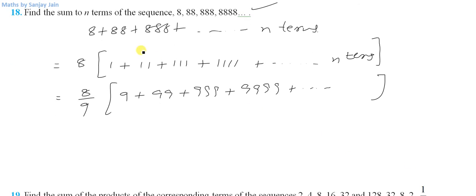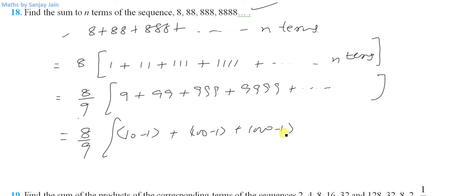For that, we take 8 common from each of the terms, and then we multiply and divide by 9. So the next step would be to write them in this format: 10 minus 1 plus 100 minus 1 plus 1000 minus 1 plus 10 raised to power 4 minus 1 and so on till I need to go up to the nth term, right?